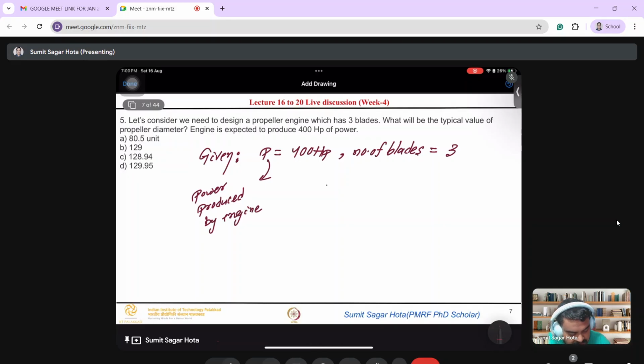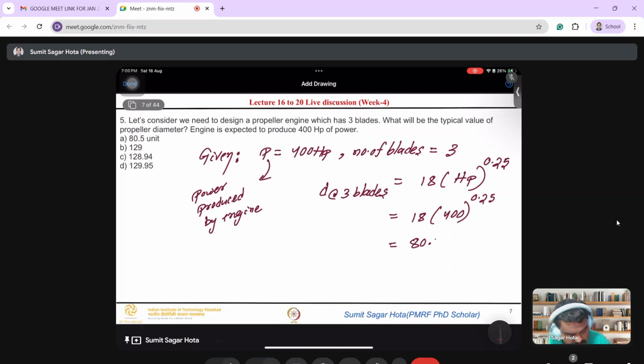So D for 3 blades is equal to 18 into horsepower to the power 0.25. 18 into 400 to the power 0.25 is 80.5 units. So the answer is A.